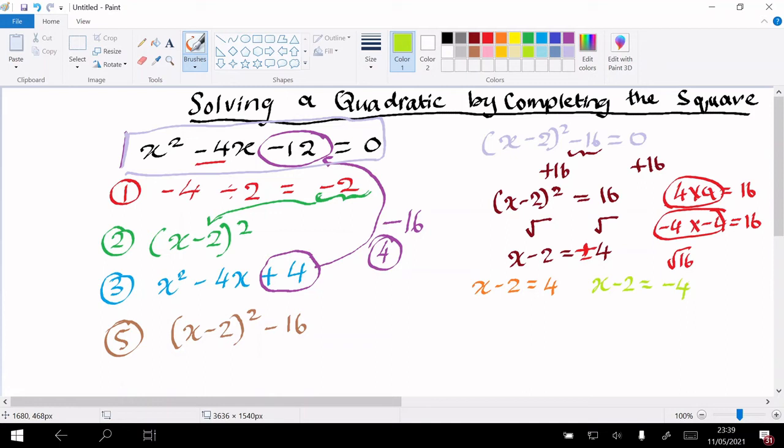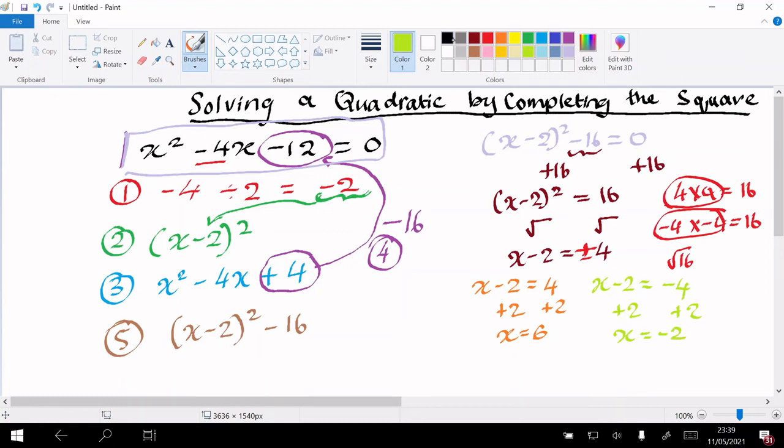So if you remember, a quadratic equation usually has two solutions, and this is how we will get the solutions for this question. So I will solve this separately, and I will have plus 2, and I have x equal to 6, and for the next one I have plus 2, and x is equal to minus 2.